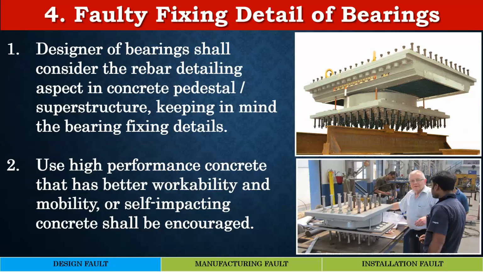Often the bearing vendor has simply given the same detail as for concrete, irrespective of whether the structure on top is steel or concrete, and we had to refer back to the manufacturer vendors and apprise them that they have to change the detail. So I think this is an important parameter which should be kept in mind.